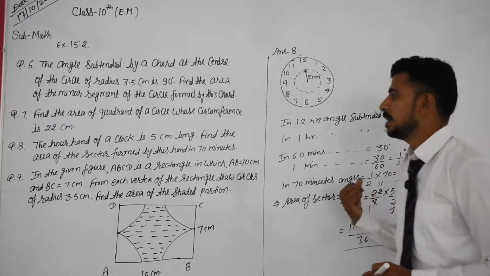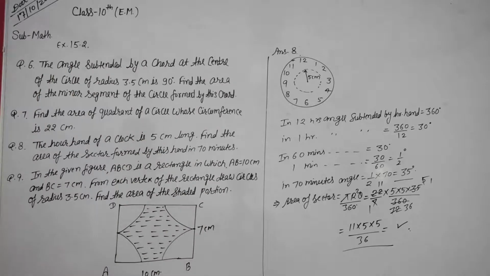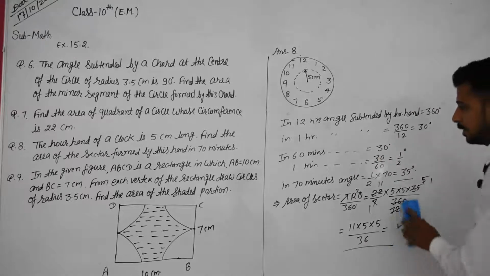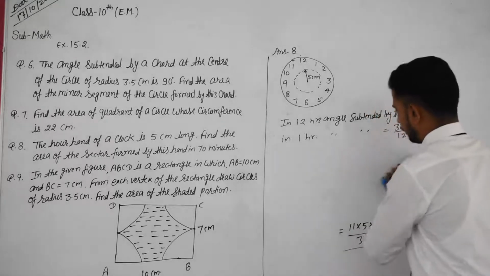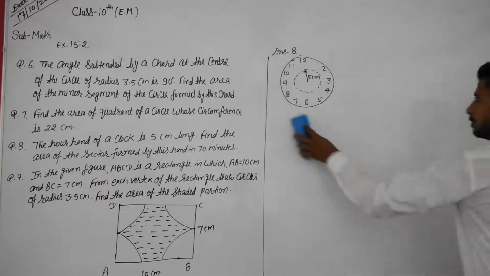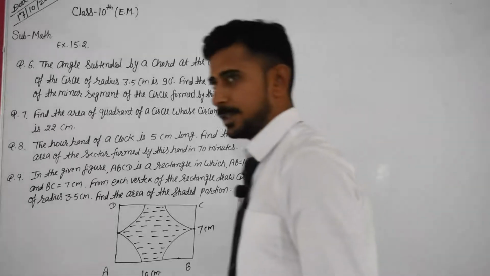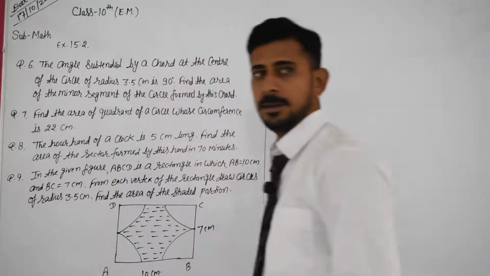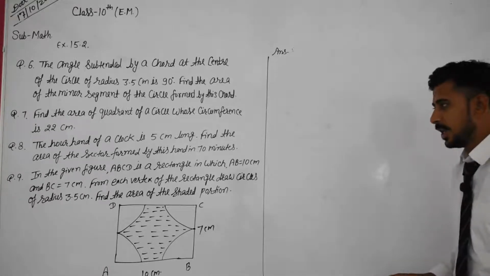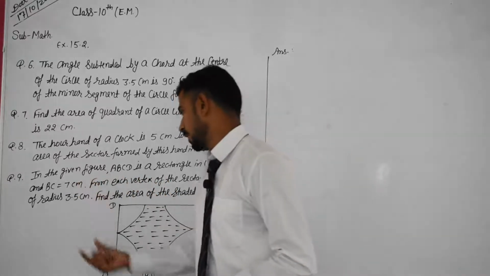Okay. That is the solution of question number 8. Now next, question number 9. This question is the last question of exercise 15.2. Question number 9 is, in the given figure, ABCD is a rectangle in which AB is equal to 10 cm and BC is equal to 7 cm.